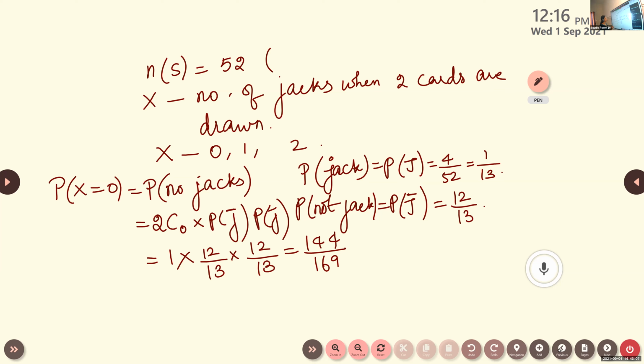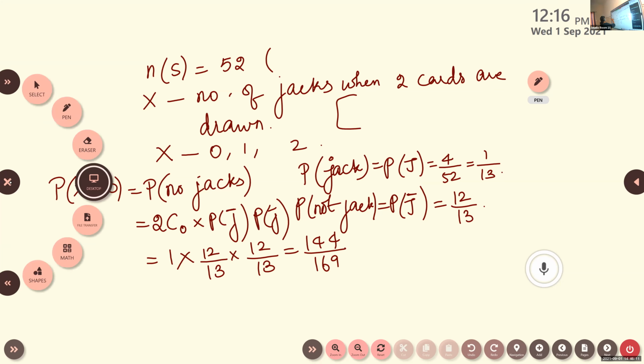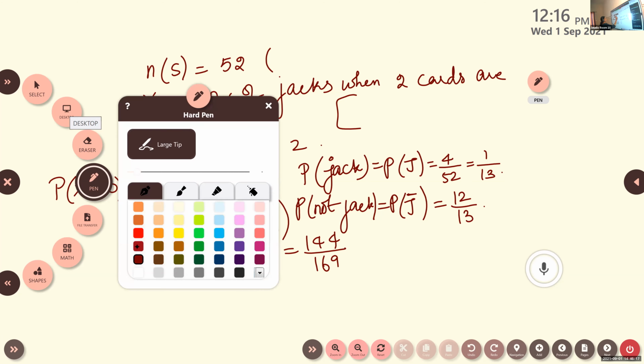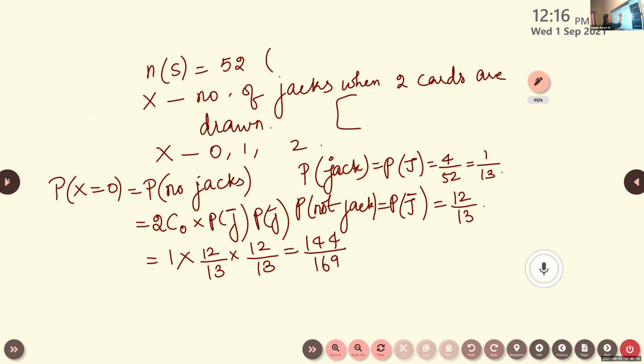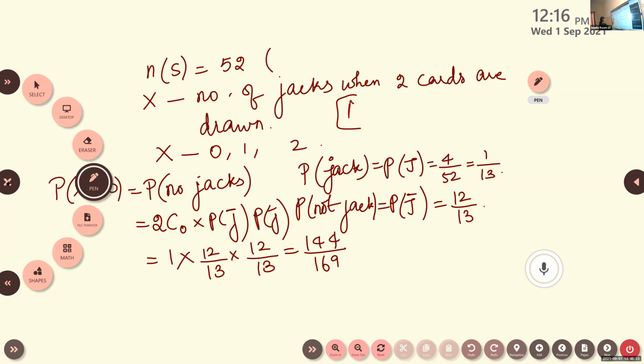This is the case where we do it with replacement. Note it down. Although the question is not asked for that, we do both the cases here. Note it down here. This problem, we do it for without replacement.